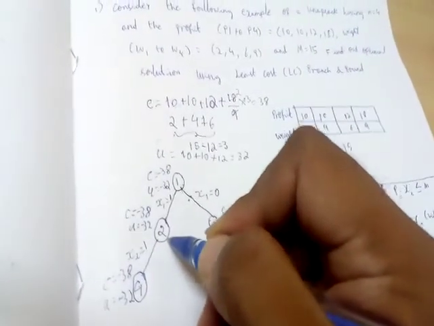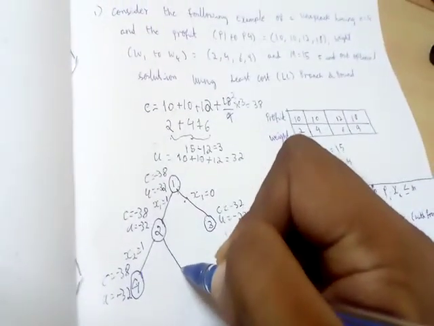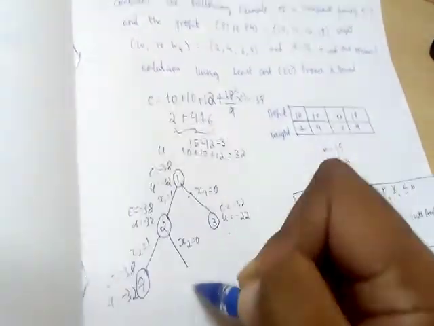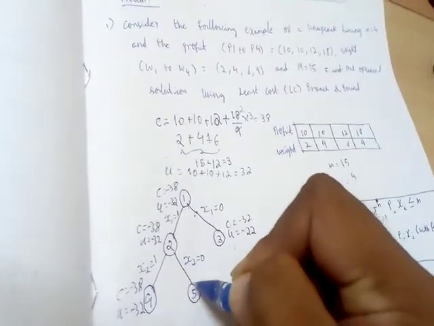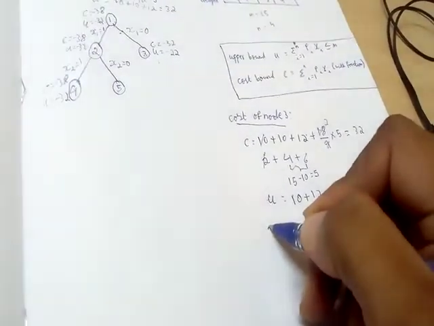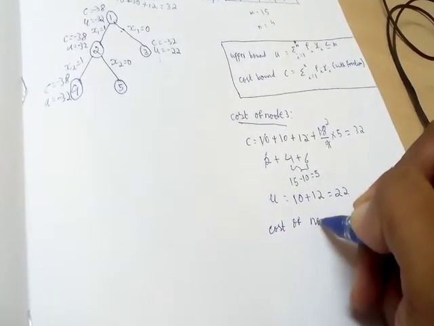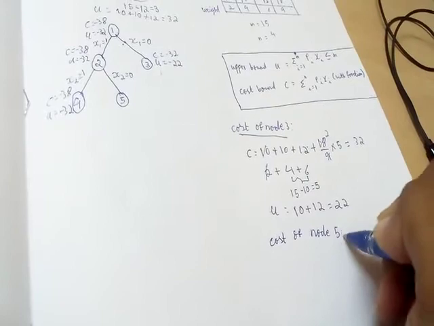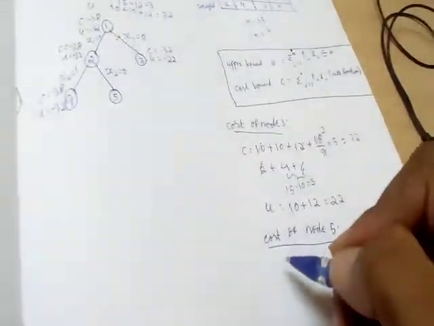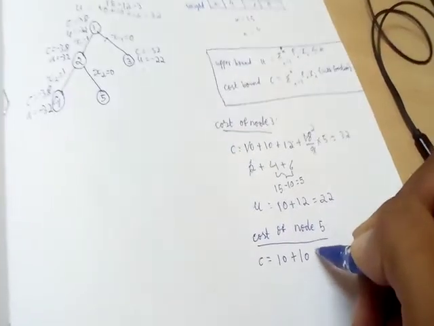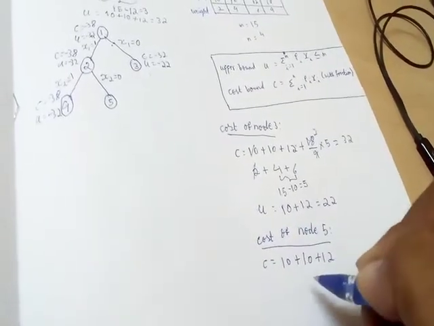So after that I have to consider one more scenario where I won't be adding the second item. So now I have to find out the cost of node 5. So when I have to find out the cost of node 5, I will add the first 3 items.